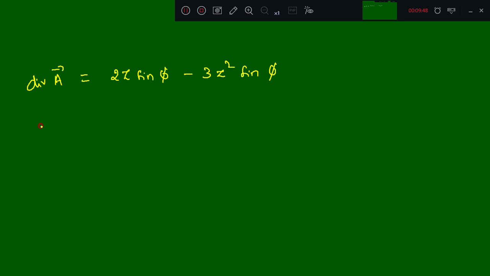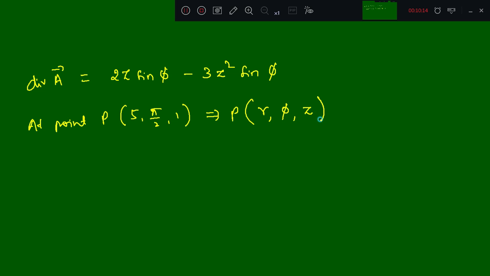Then we have to find it at point P. At point P, the value is (5, pi by 2, 1), so this is r, this is phi, and here it is z.